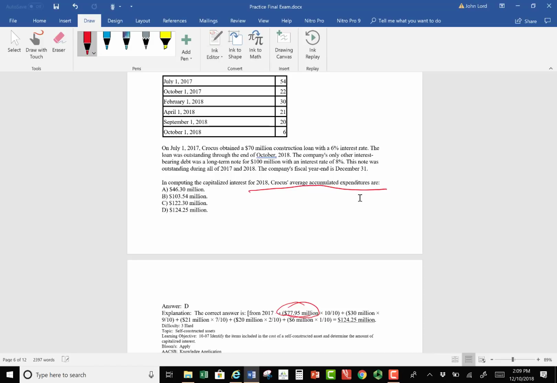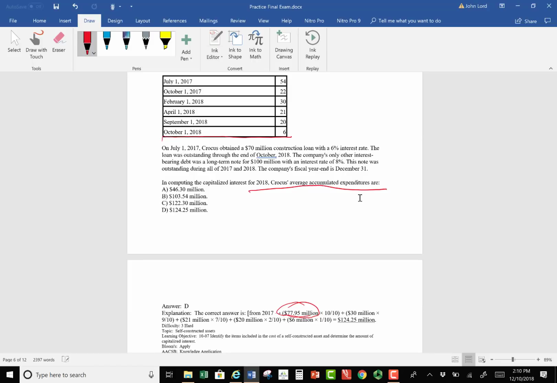And since they finished the construction in October, then that amount's going to be outstanding for 10 out of the 10 months of construction, because we only capitalize interest for the period where construction is actually going on. Okay, so since this project ended in October, we are only going to count this as 10 months of actual construction, right?